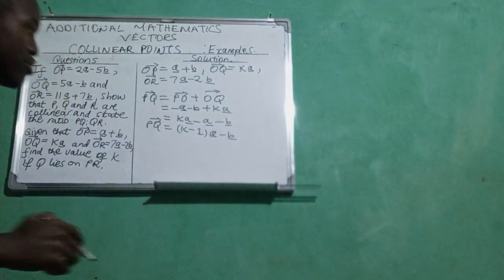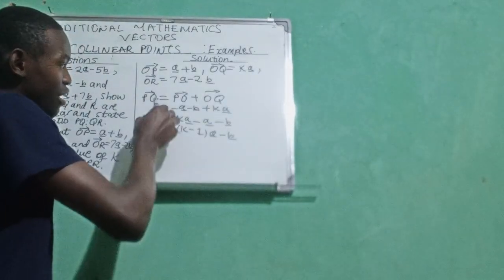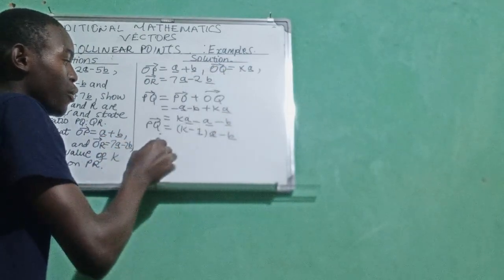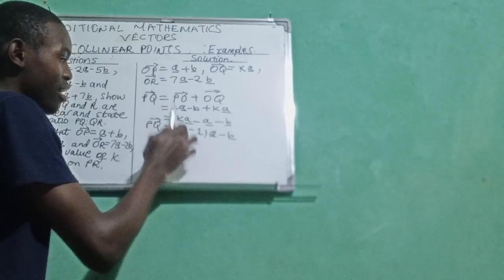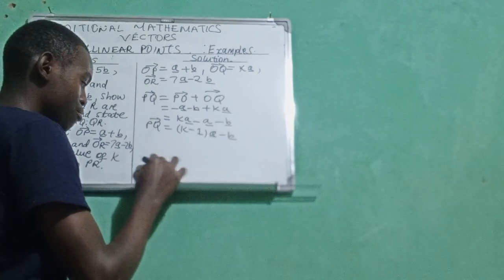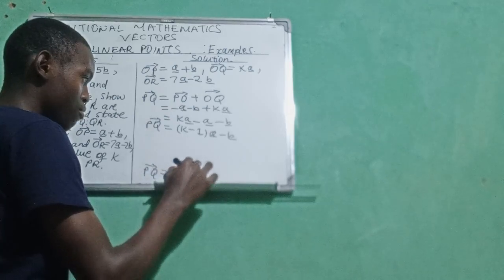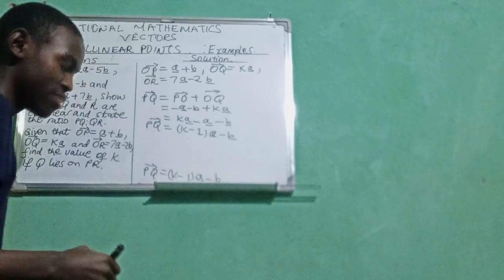So have you seen this? This is a new vector that we have made. Just by manipulating these position vectors, we have this vector that has K. The K is very important. So PQ is equal to K minus 1 of vector A minus vector B, like that.